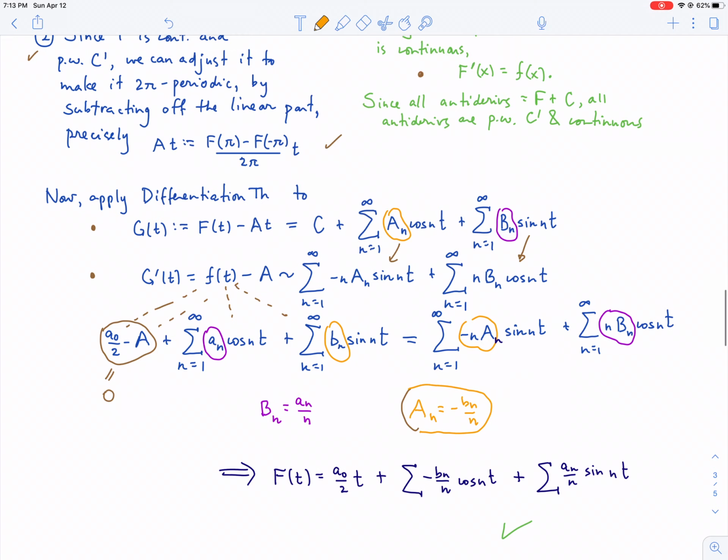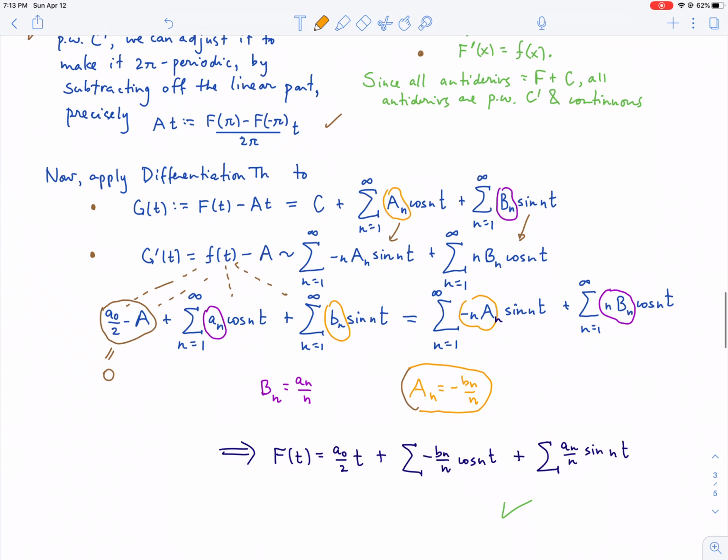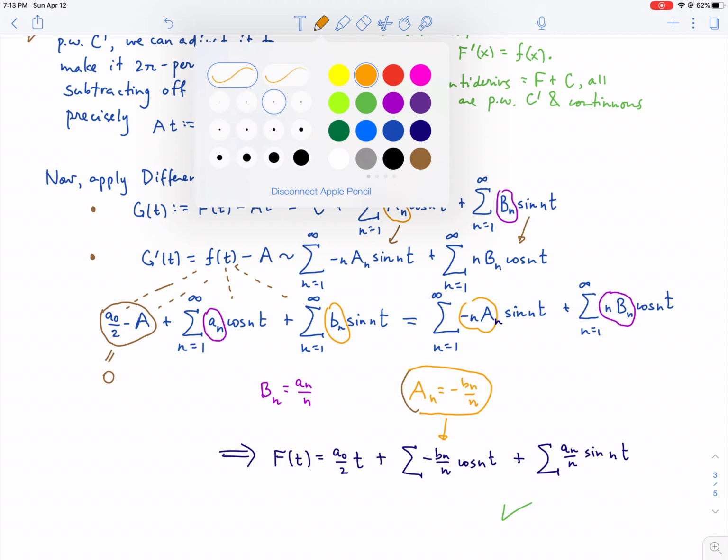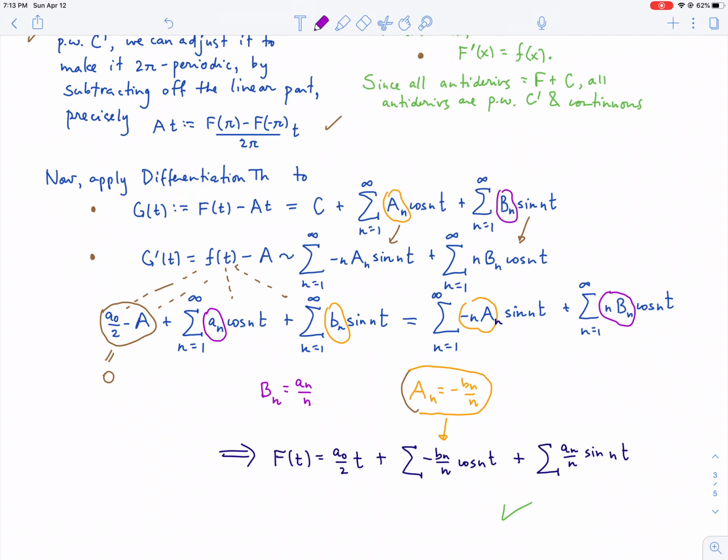And what that says is that the capital A n's are minus b n over n. And when I look at the cosine nt terms, I get that little a n is n capital B n, or I can write it this way.